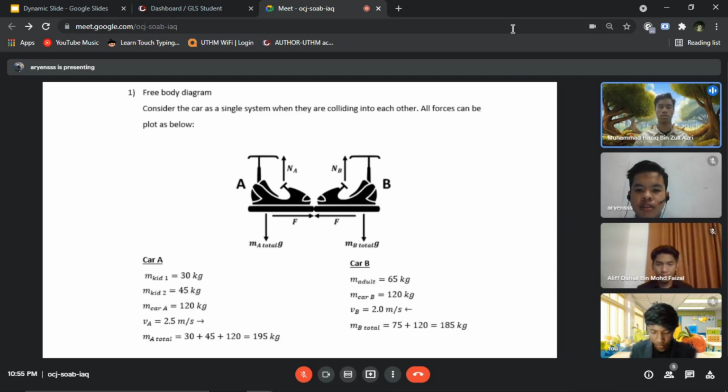The total mass is the mass of kid 1, kid 2 and car A, equal to 195 kg, and the velocity of A is 2.5 meter per second to the right. For car B, the total mass is the adult and the mass of car B, which is 185 kg, and the velocity is 2.0 meter per second to the left.